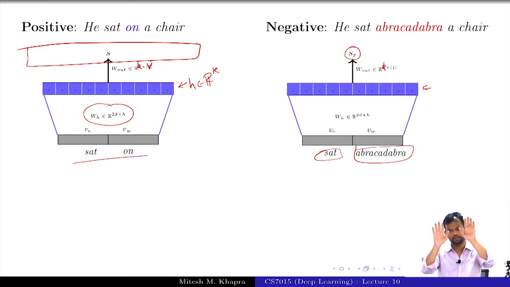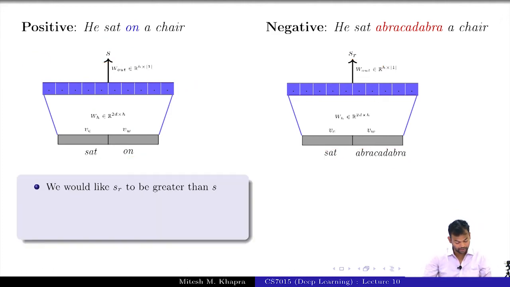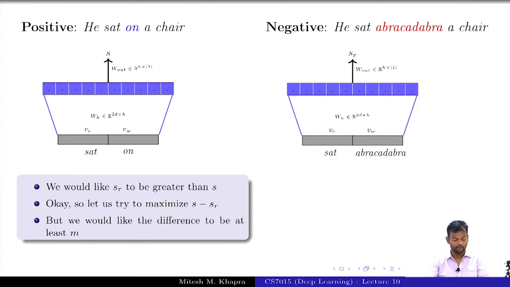So would you be happy with this? What would you want? This or this? In both cases S is greater than SR, right? What would you want? A big margin. So we could try to maximize S minus SR, but we would also like this difference to be a certain margin.